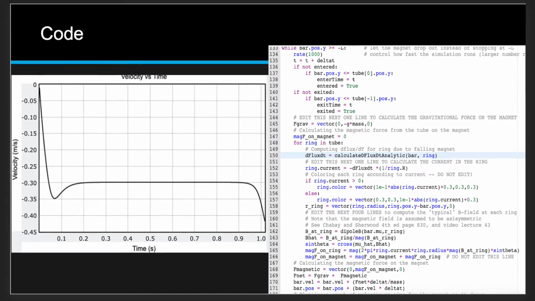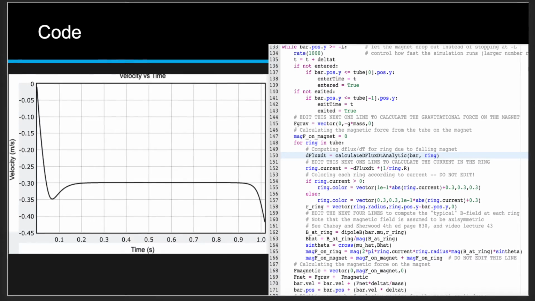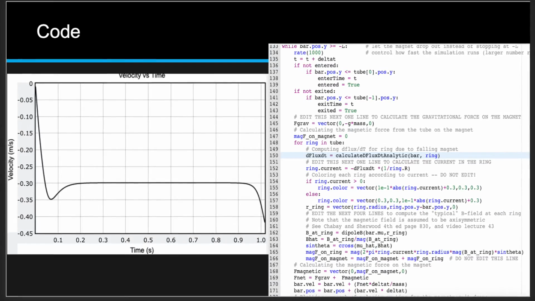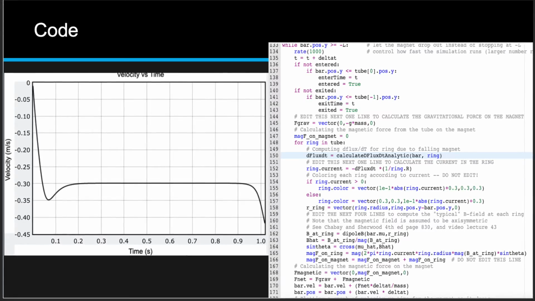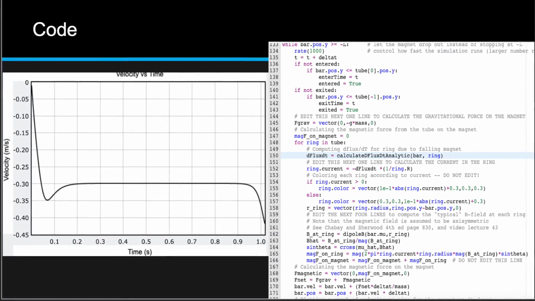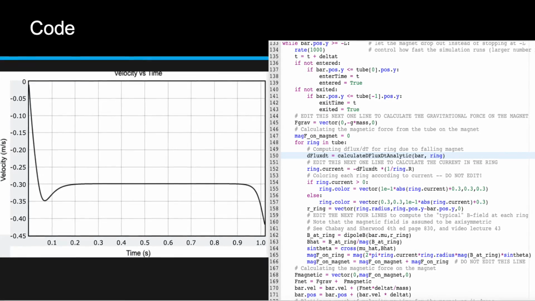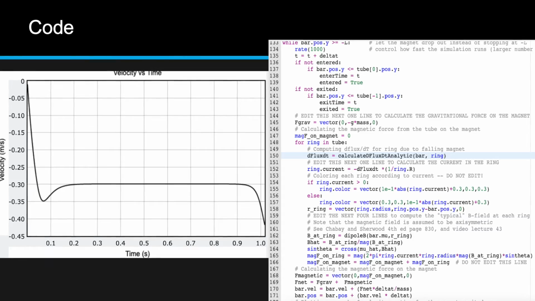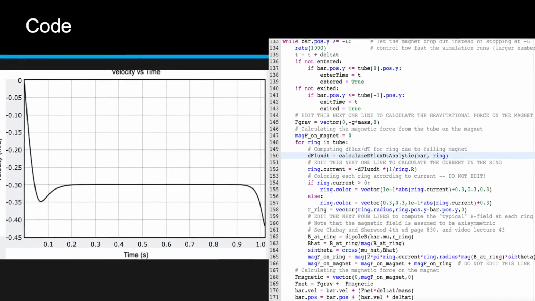And then for the ring in the tube, we computed d flux dt for the ring due to the falling magnet. And then we colored each ring according to the current, and then afterwards you have to assume that the magnetic field is asymmetric, and that is how you find the magnetic field on the ring and on the magnet by using the formulas earlier from the initial conditions.